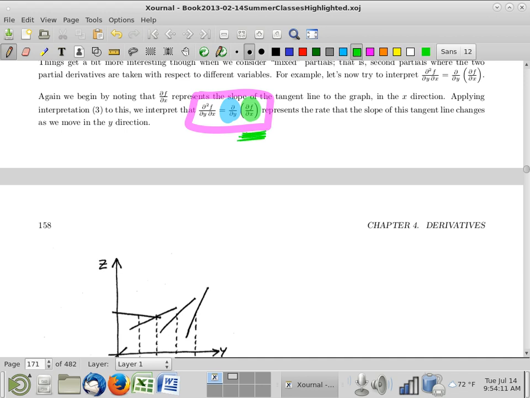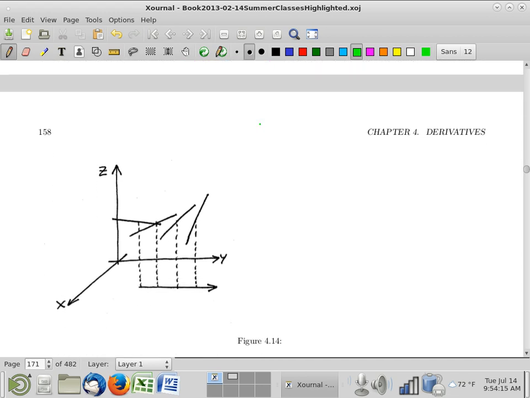These x partials that I'm keeping track of are slopes in the x direction. So here, for example, that's a slope. Right, that's my attempt to draw a tangent line to a curve that's pointing in the x direction.